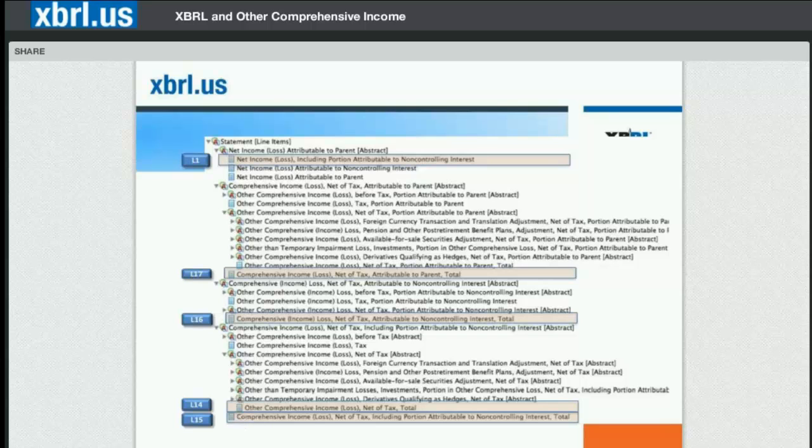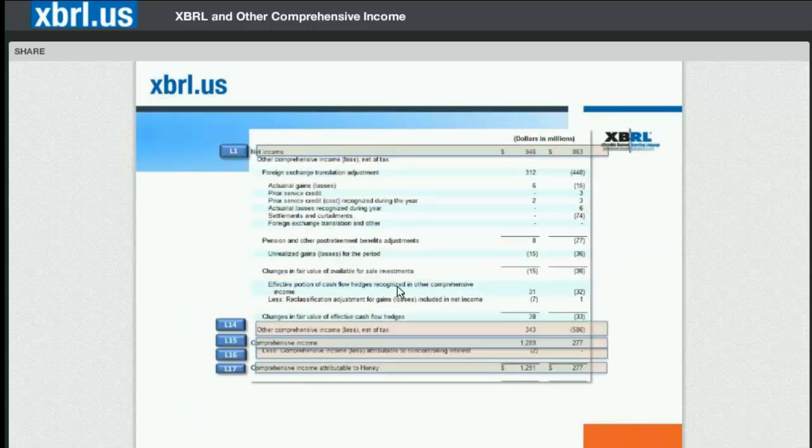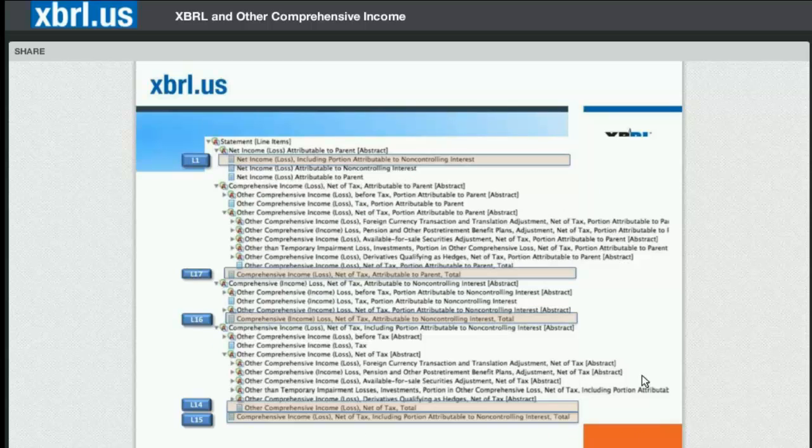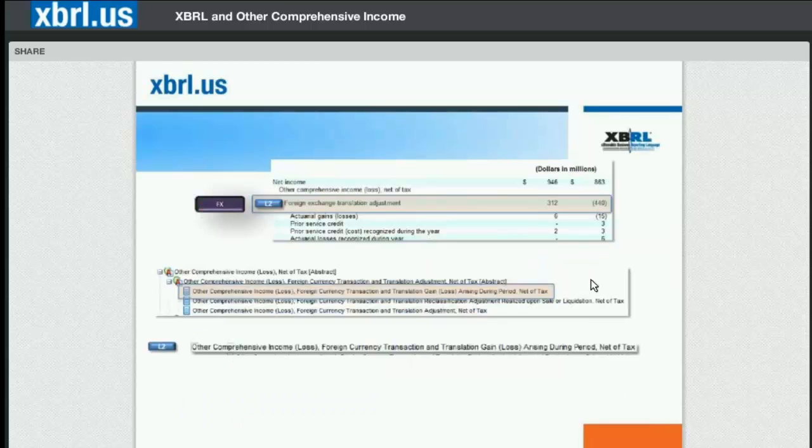These are consolidated amounts before non-controlling interest. L16 is the non-controlling interest, and L17 is the parent company element. So those would be the tags used to tag these items on the statement.